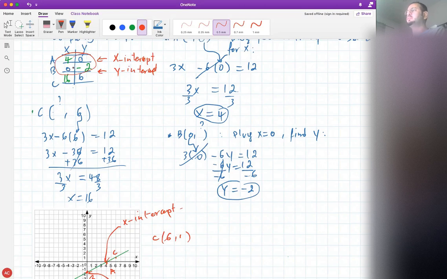A lot of times the question would say, find the intercepts and graph the line. This is what we mean by intercepts. So there's two of them, x and y. The x-intercept is where the line meets the x-axis, and the y-intercept is where the line meets the y-axis.